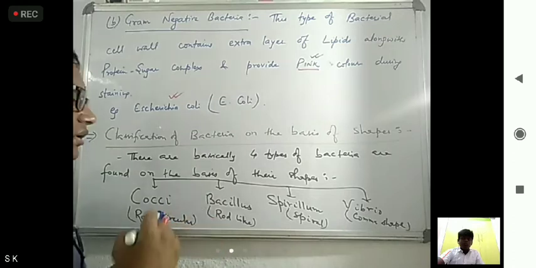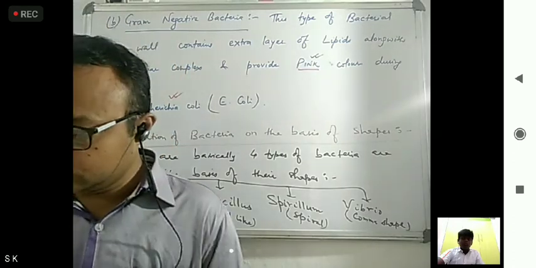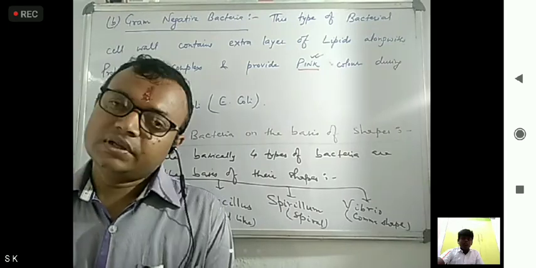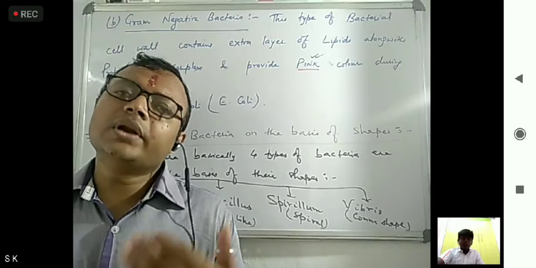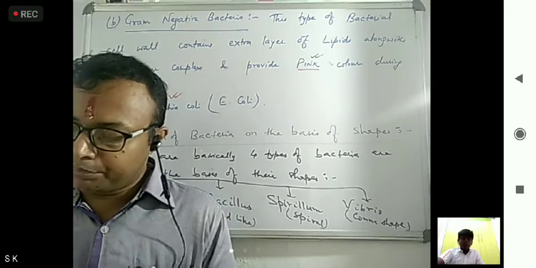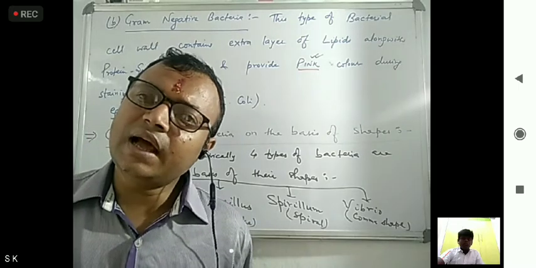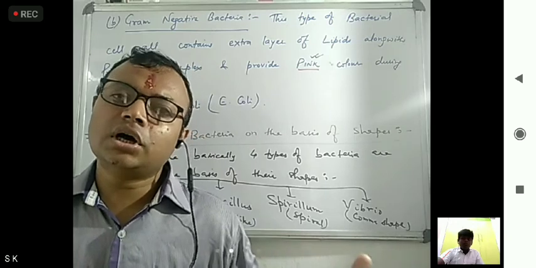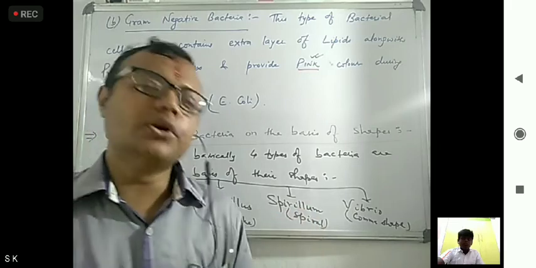So these 4 types of bacteria are found. Now these bacteria are mostly known as pleomorphic. Pleomorphic means they change their shape according to the need or according to the changing environment. That's why they are known as pleomorphic.